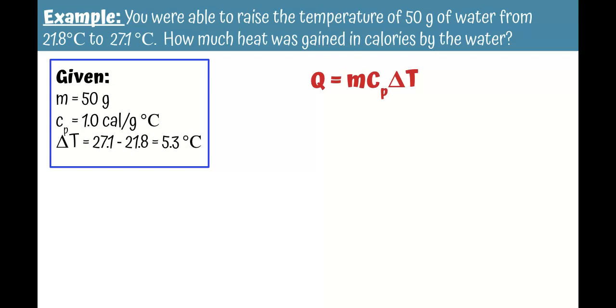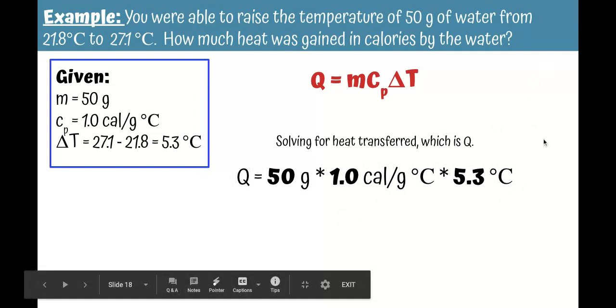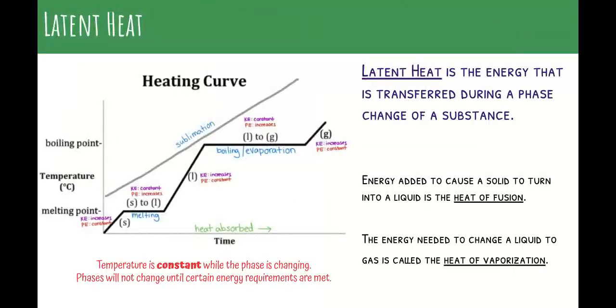And we know the temperature change is going to be 5.3 degrees Celsius. So we're trying to solve for the heat transferred, okay, how much heat was gained by the water, which is Q. So we're just going to substitute in our known values into this formula and solve for it. So we'll have 50 grams times 1 times 5.3 is going to give you 265 calories.